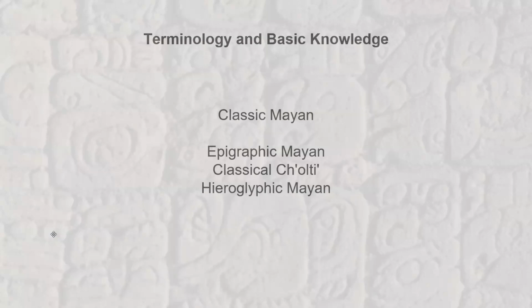And what we know so far is that Classic Mayan is the direct descendant from Cholti, and we also speak of hieroglyphic Mayan. So these are the four different expressions when we talk about the language of the hieroglyphs.